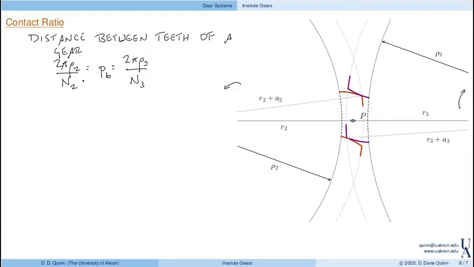This pair of teeth engage at this point.